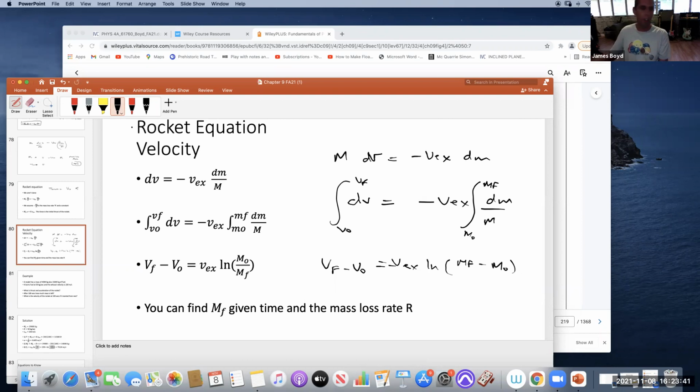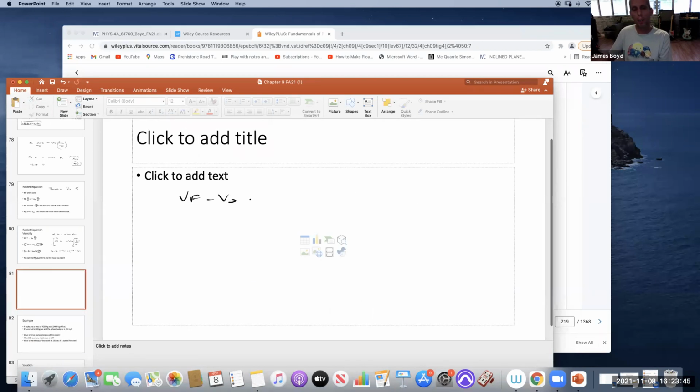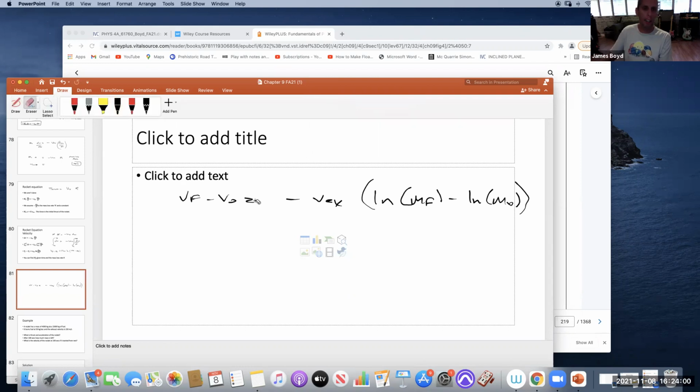Let's talk about that for a minute. So we have v final minus v initial is minus v exhaust times ln of m final minus ln of m initial. Now, if you don't remember, and it's okay if you don't remember, although I would review them, the rules on ln's.